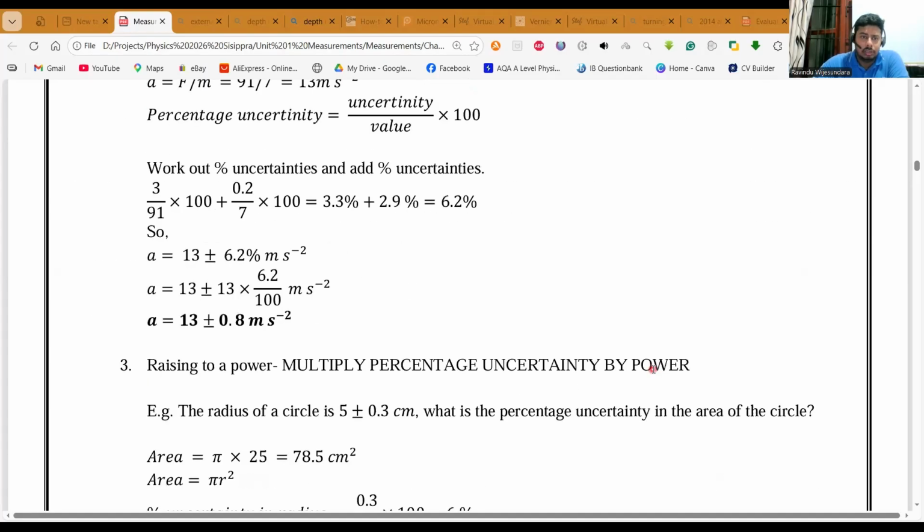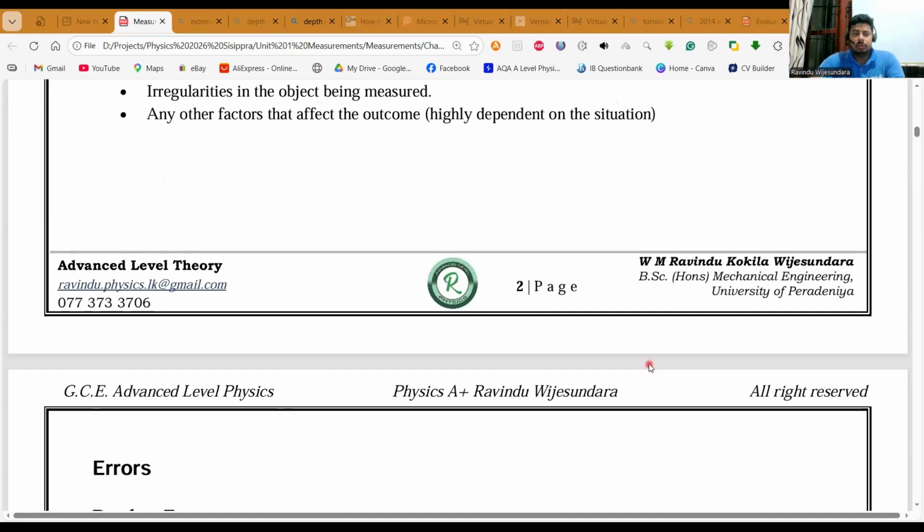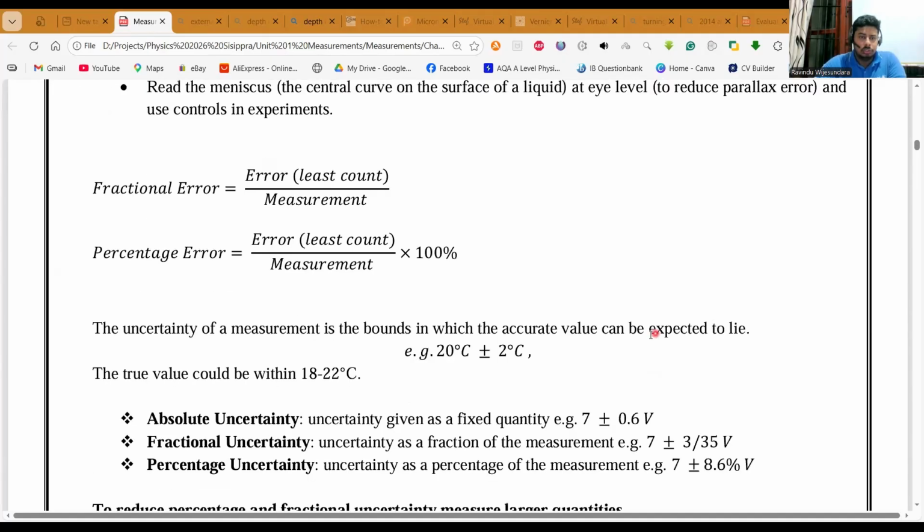I hope you can remember the percentage error. If you require, I can take you there also. Here you can see the percentage error is equal to the error, the smallest measurement, that is the least count of the instrument that we discussed, divided by the measurement and multiplied by 100.